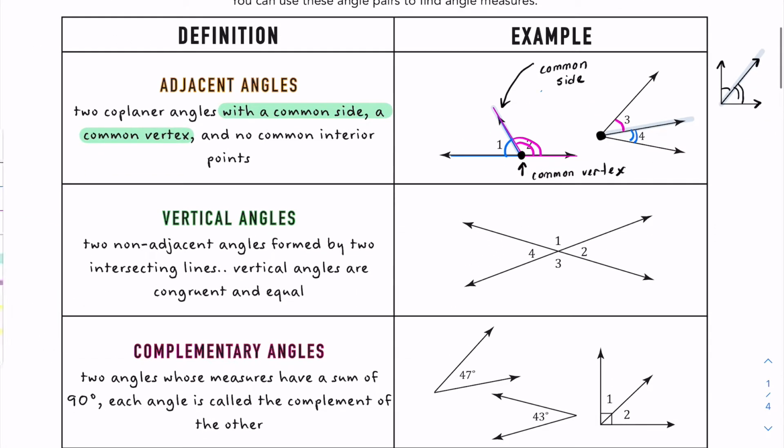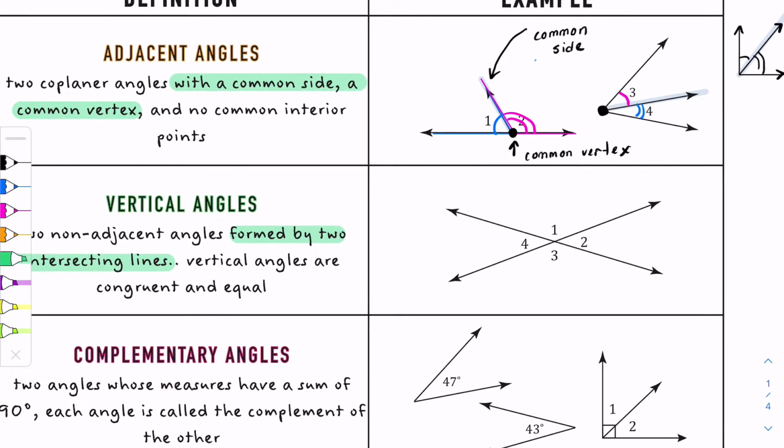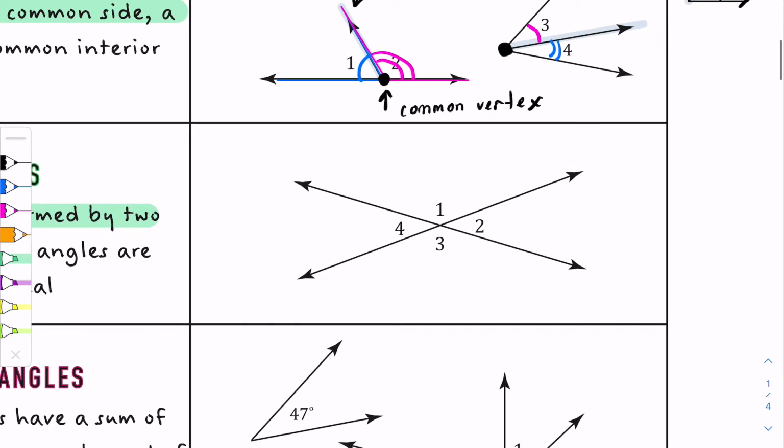Next, we're looking at vertical angles. Vertical angles are two non-adjacent angles formed by intersecting lines. Vertical angles are congruent and equal. If we look at our example, we have two intersecting lines. They intersect and form a common vertex for all of the angles.